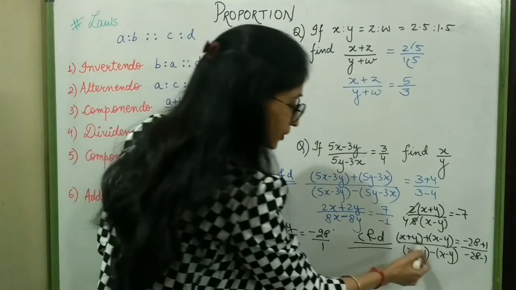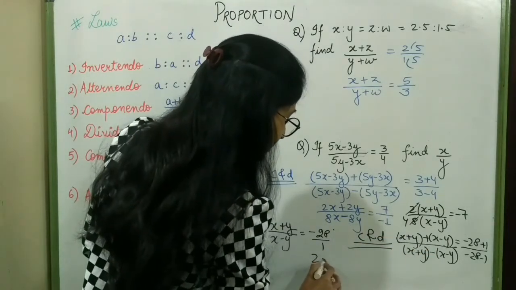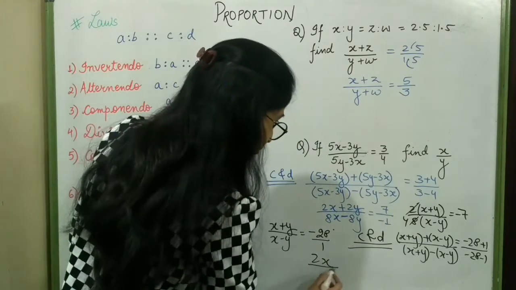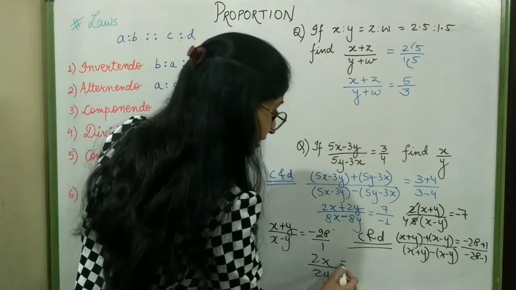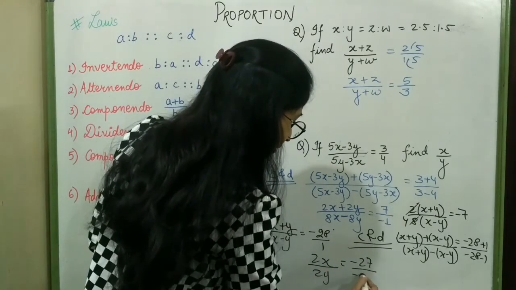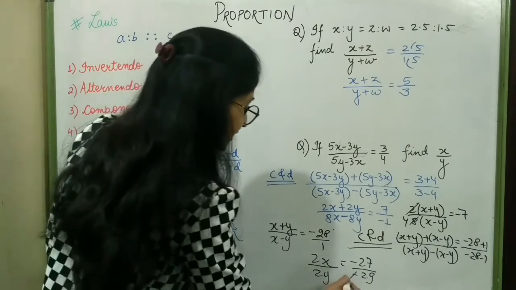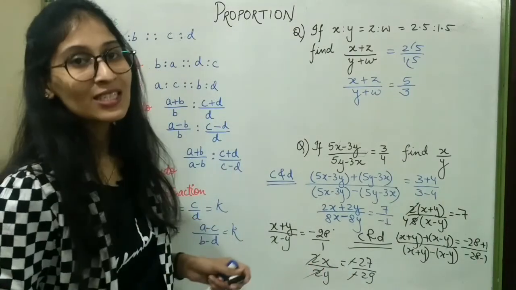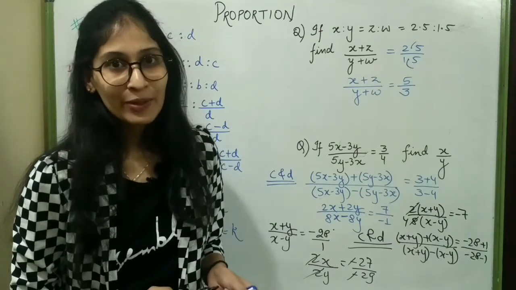So my numerator will become 2x and denominator will become 2y, is equal to minus 27 upon minus 29. So the value of x upon y is 27 upon 29.